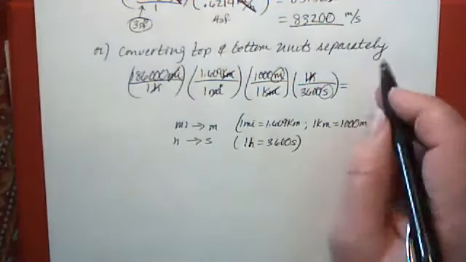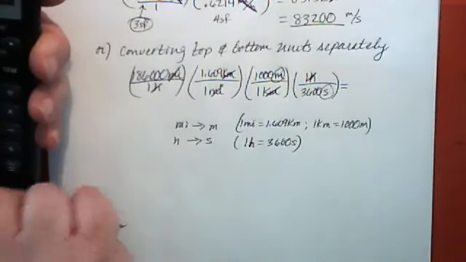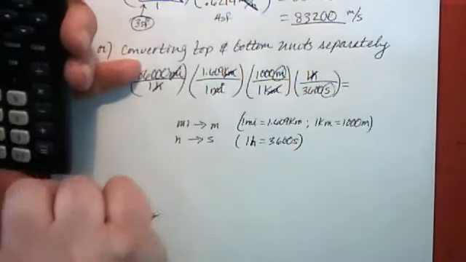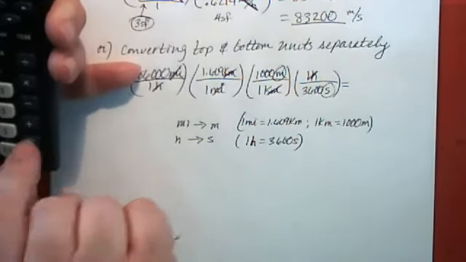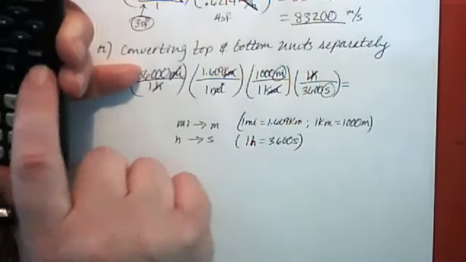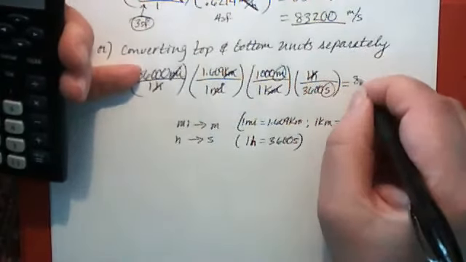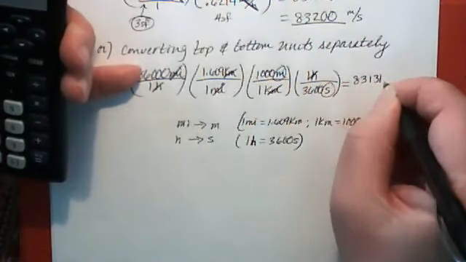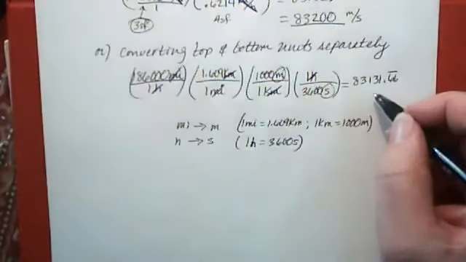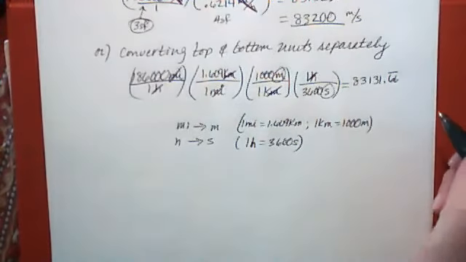And that's where we want it. We want it meters per second. When you multiply this out, it's 186,000 times 1.609 times 1,000 divided by 3,600. And that gives us 83,131.6 repeating.